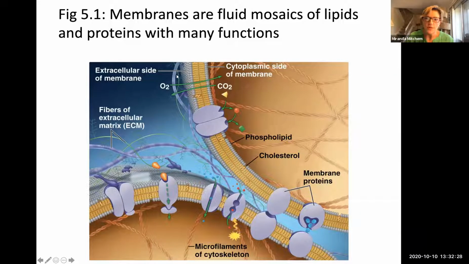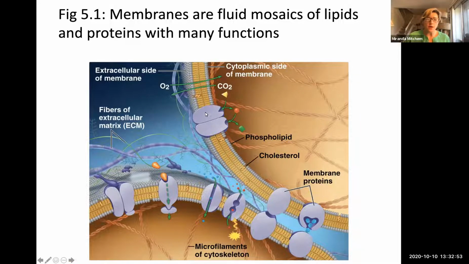So just to remind you, the membrane has two layers. That's why it's called a bilayer. And they are oriented opposite to each other. So the water soluble part is on the outside and on the inside. And then in between is where the fatty tails, that fat part is.